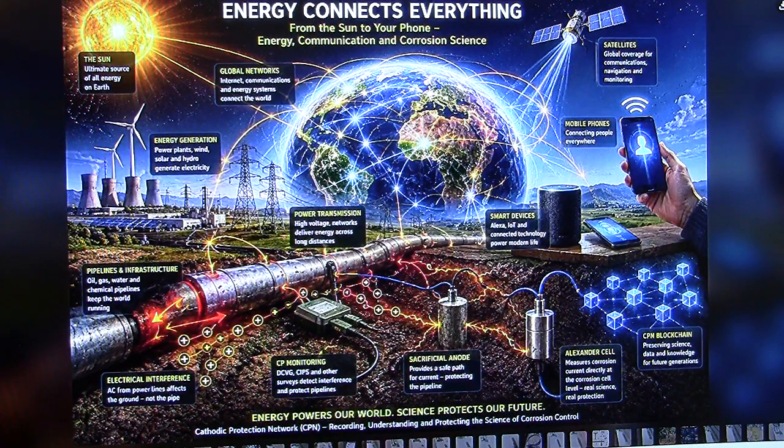The anode becomes the metal that is consumed. The pipeline is protected. This is not a new principle. It is the fundamental principle of sacrificial anode cathodic protection. So why make the solution unnecessarily complicated?